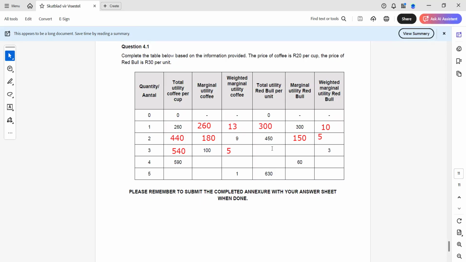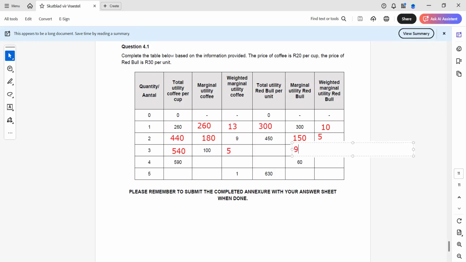And then also here, you can see we're only provided with the weighted marginal utility for Red Bull. You know how to get this one: we say marginal utility divided by 30, and we got this one. So the only thing we don't have is marginal utility. Because we divided, to go back we're going to multiply. So we say 30 times 3, and we get 90.